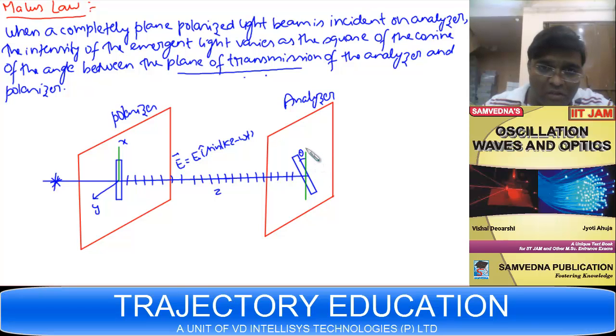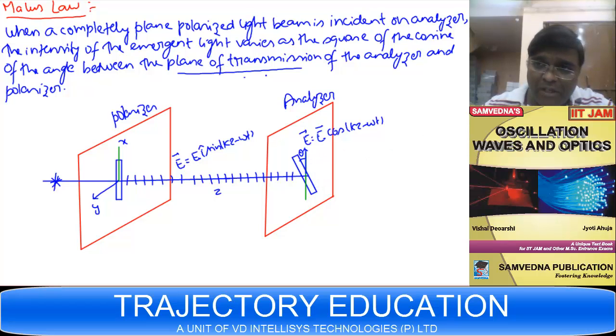So this is theta. In that case, this field vector will be the electric field, E equals E naught cos kz minus omega t.